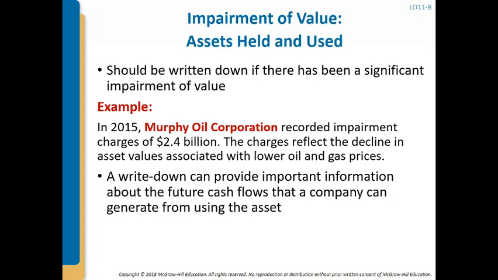But I think the book points out at some point in this chapter that it may also be part of the big bath theory that we talked about last term. It creates an understatement of income and assets for the current period, and it overstates income in future periods.